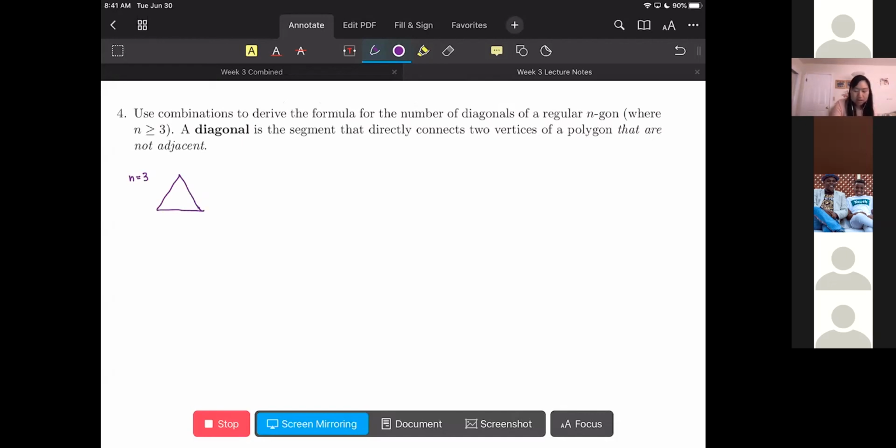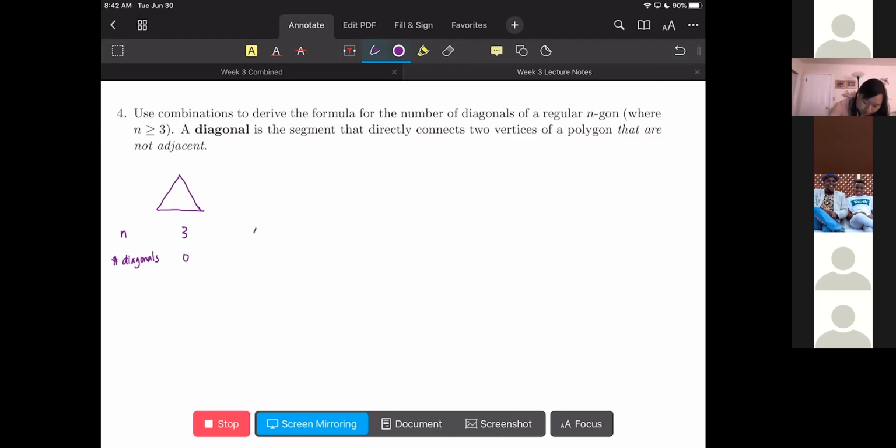And we actually don't have any diagonals, because all the vertices are adjacent. And so there's no line segments that we can draw that connects two vertices that are not adjacent.